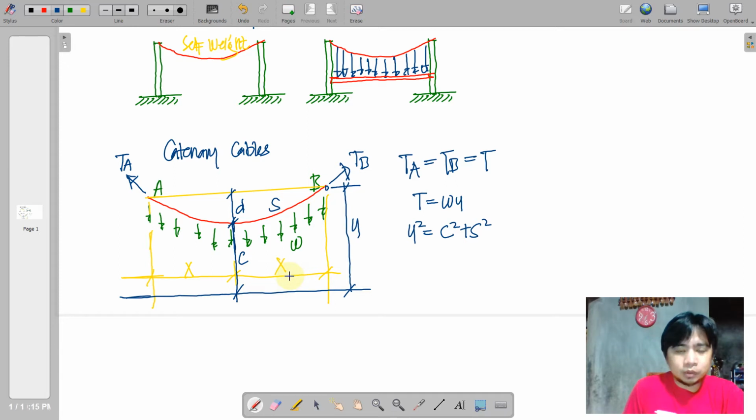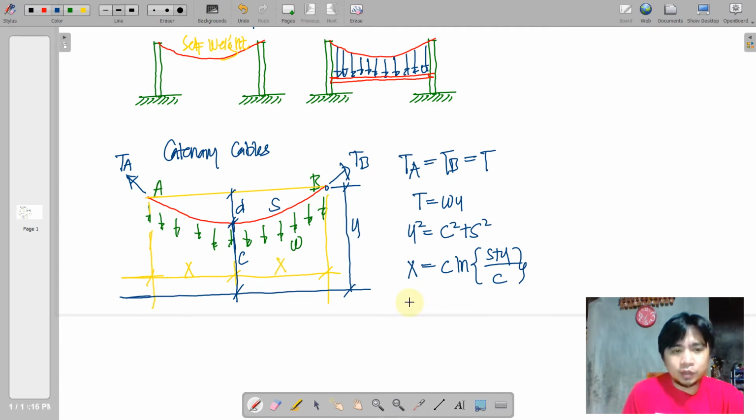And x is also estimated by this expression, c ln of the quantity (s plus y) divided by c. These are the formulas applicable to catenary cables.